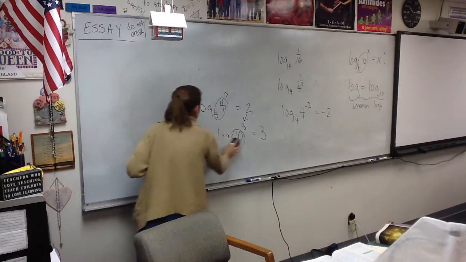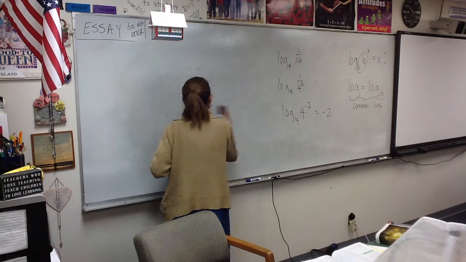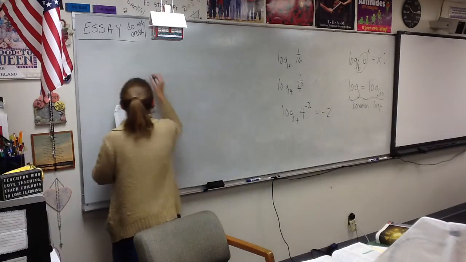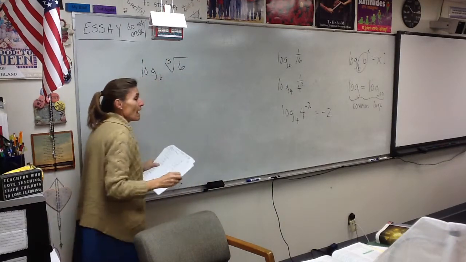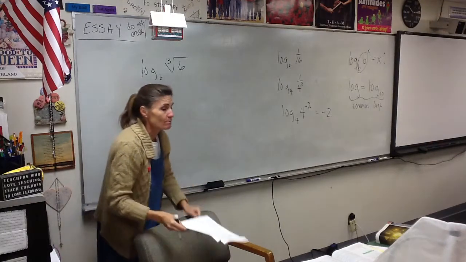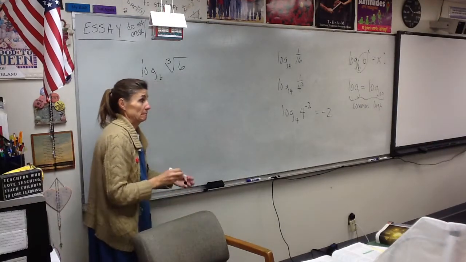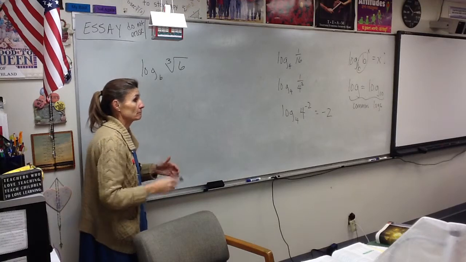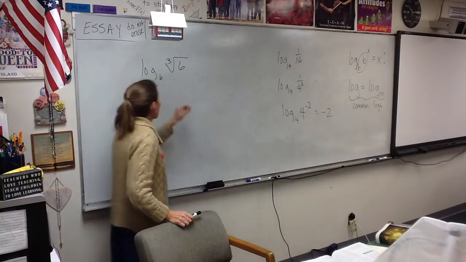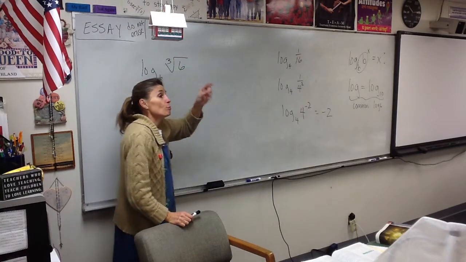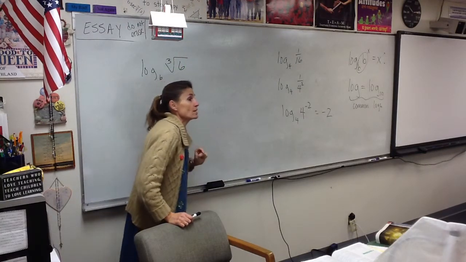Now wait, I have a radical. What does a radical mean in terms of exponents? It means a fractional exponent. So, Bryce, the cube root would be what fraction? 1/3.